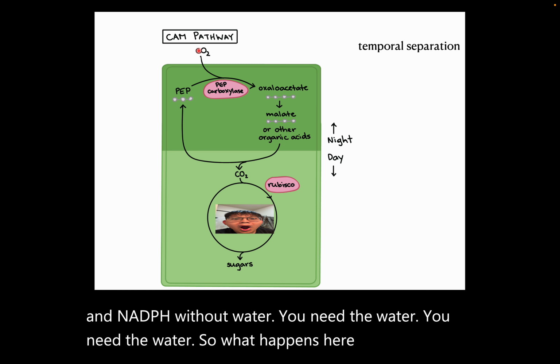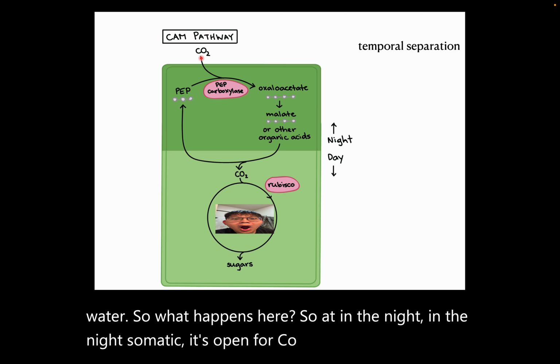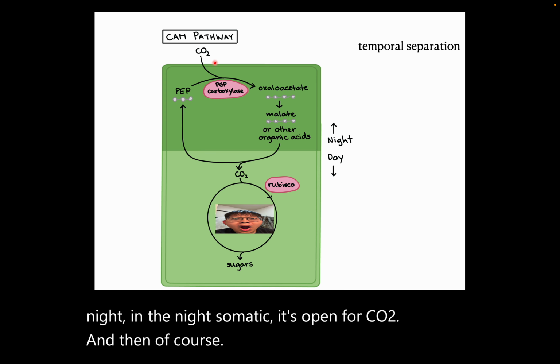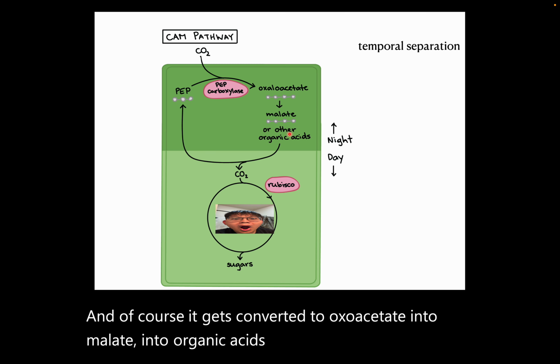So what happens here? In the night, stomata get open for CO2, and then of course it gets converted to oxaloacetate into malate, into organic acids, and that stuff gets stored at night.